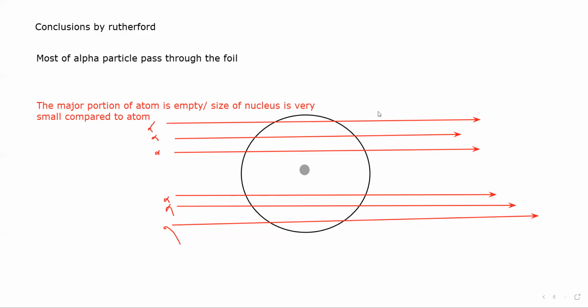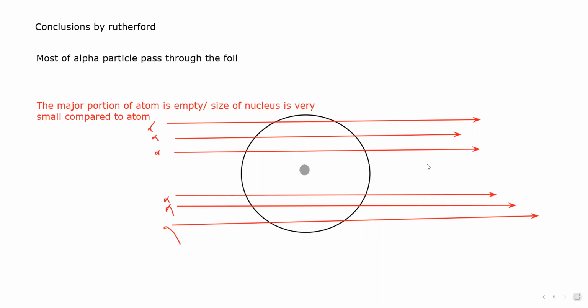Yes, it is empty or vacuum, nothing, no particles are there. There are only certain regions where particles exist within an atom, but most of the alpha particles are able to pass through. So this was Rutherford's conclusion, and you have to learn his conclusion and observations. He concluded that a major portion of the atom is empty. That's why most of the alpha particles are able to pass through.